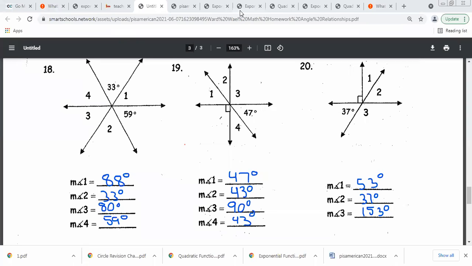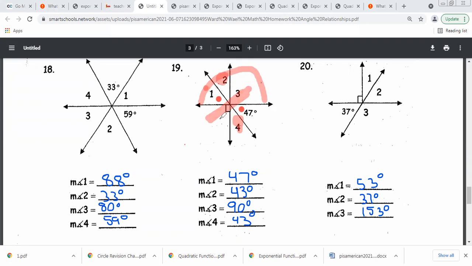So we said that we can use a vertical angle. So this one I have 47, then the measure of angle 1 should be equal 47. Now we can find the measure of angle 4. So 4 now will be 43. So I can say that 43 with angle 2, now we have 3 angles that are supplementary, so we can say 180, or also by vertical angle.